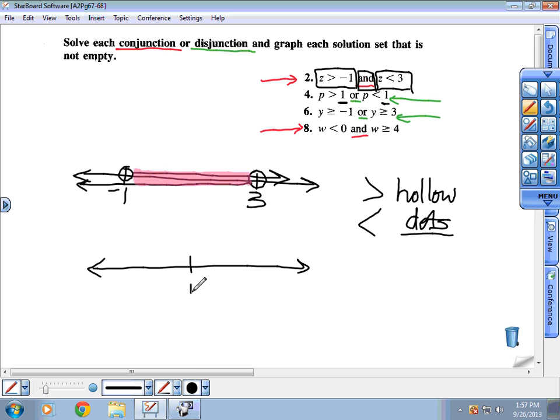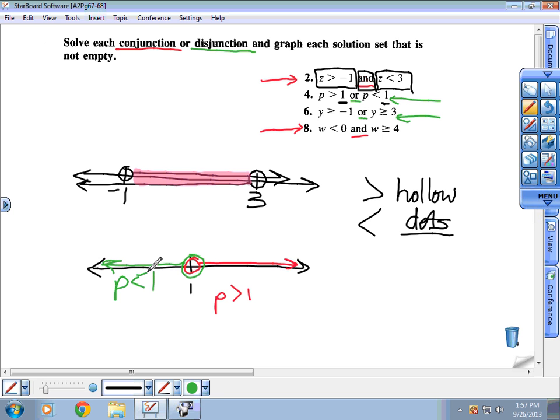Now p is going to be greater than 1, so the red is p greater than 1, and our green says or p is less than 1.